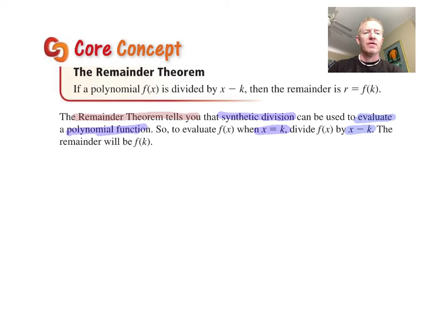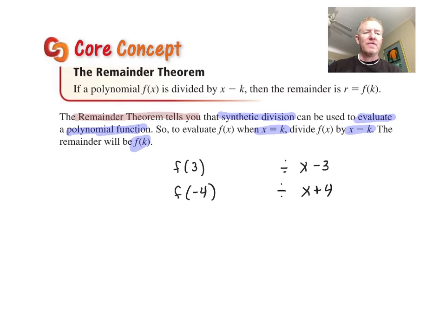And the remainder will be the function evaluated. So for example, if I want the f of 3, I would want to divide by x minus 3. If I want the f of negative 4, I'd have to divide by x plus 4.